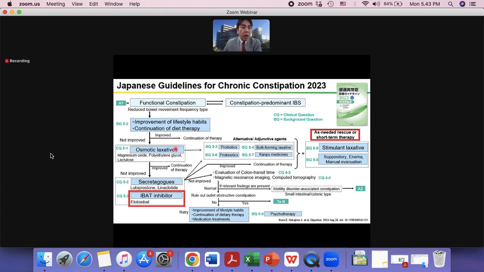If the osmotic laxative is inappropriate, the second line recommended is secretagogues or the ileal bile acid transporter inhibitor Elobixibat. As you can see, stimulant laxatives are recommended as needed rescue or short-term therapy.